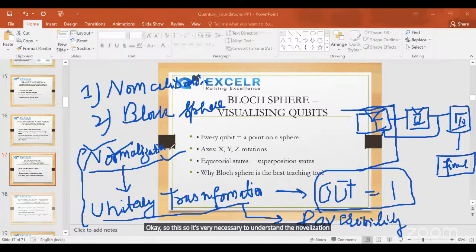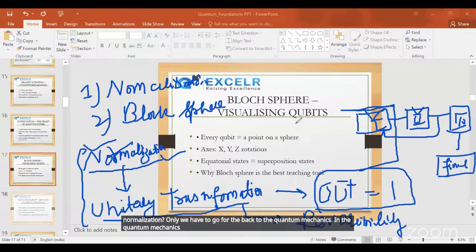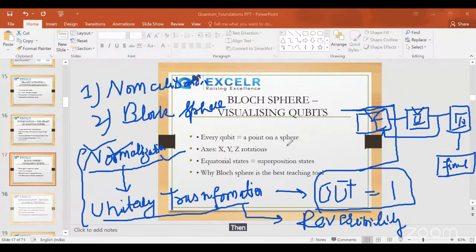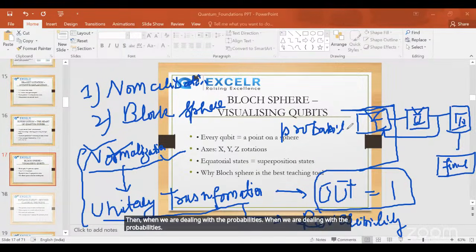What is normalization? We have to go back to quantum mechanics, where we studied that there are probabilities. We have to deal with probabilities, superpositions, and measurement.